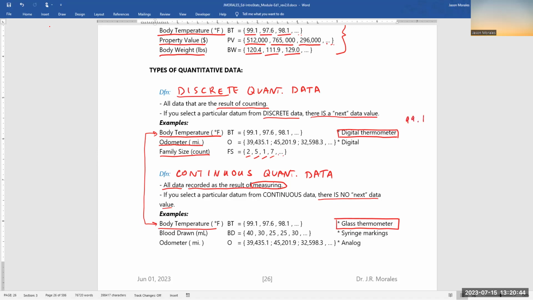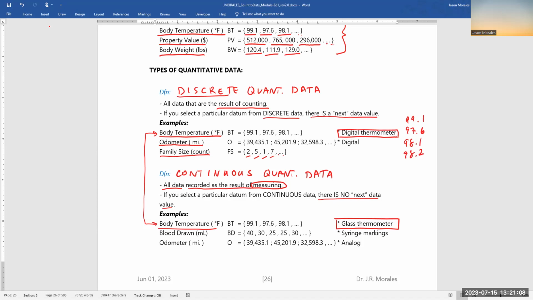So 99.1 or 97.6 or 98.1. If you had a measurement of 98.1 on our digital thermometer, then the next data value we know is 98.2. It's not going to be anything between 98.1 and 98.2.